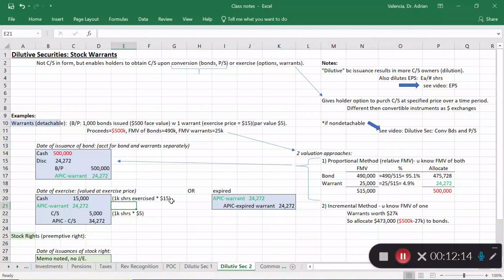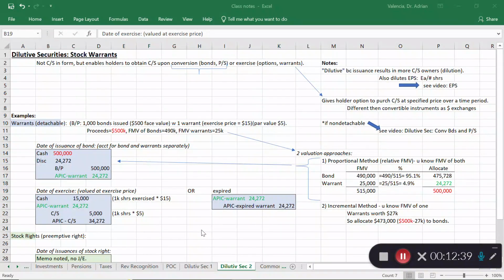Otherwise, it would make no sense to exercise that option or that warrant if it's trading cheaper in the market. So this would be exercised in the case where the stock is trading at more than the strike price or the exercise price. And we would say that that option or that warrant is in the money because there's a gain to be had there if somebody exercises it.